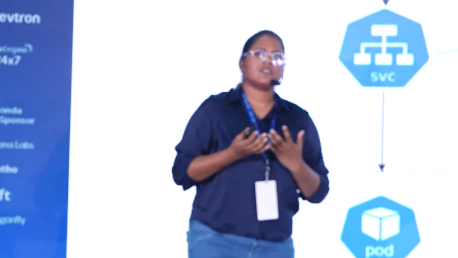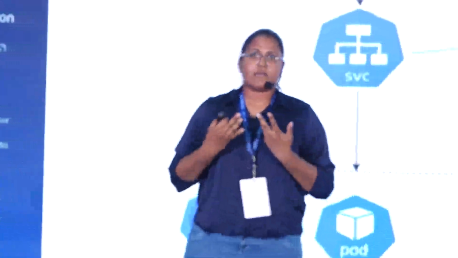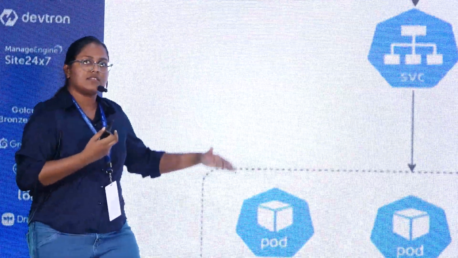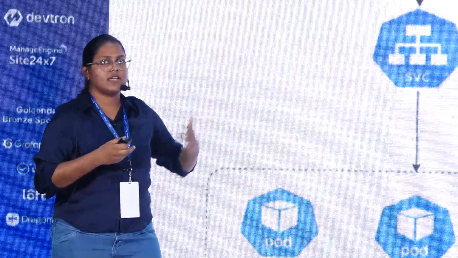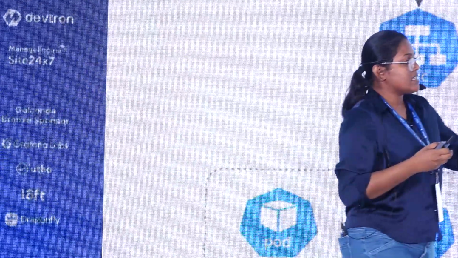So services, if I give a definition for the service, a service gives a consistent and abstract way to access the pods. It basically hides all the back-end implementation from the client who is accessing the cluster. The Kubernetes network services provide stable networking and load balancing for the pods.